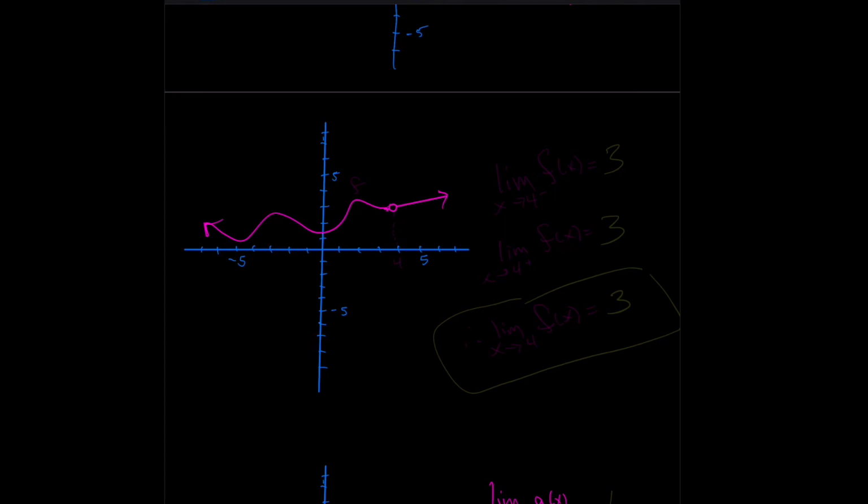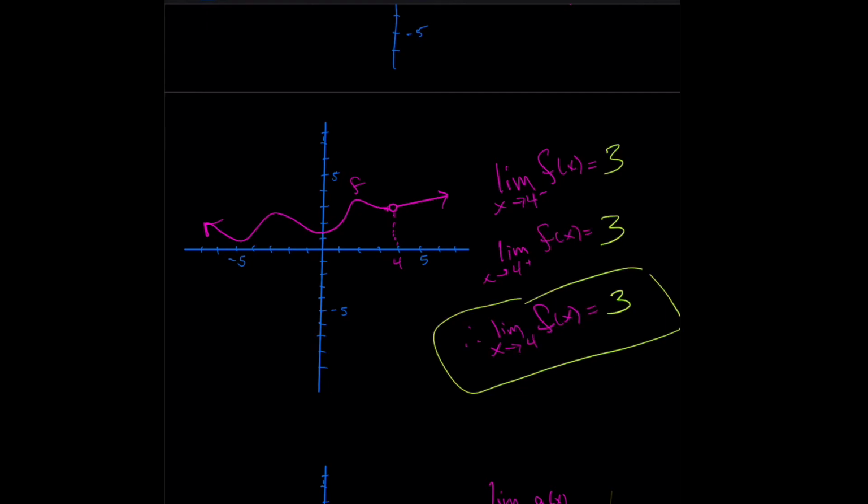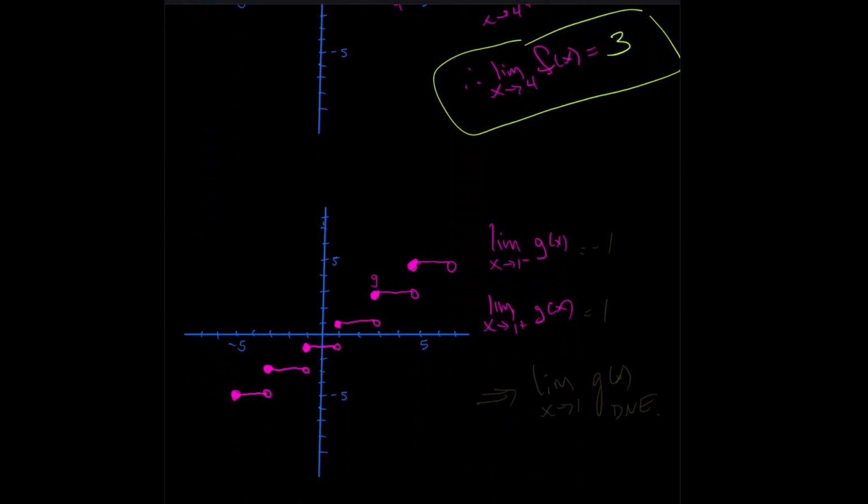So we can say the limit as x approaches 4 from the left is 3, and from the right is 3. And so that means that the limit itself is 3. But if we see the step function here, the limit as x approaches 1 from the left is negative 1, but from the right it's positive 1, and so we can't say that the limit exists.